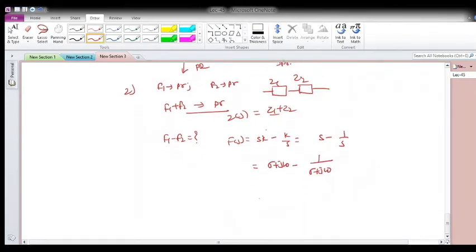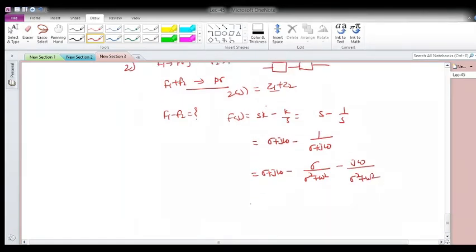Separate the real and imaginary parts: σ + jω minus 1/(σ + jω), so it will be σ/(σ² + ω²) and minus jω/(σ² + ω²). Now combine the real and imaginary parts, so σ minus σ/(σ² + ω²) is the real part of F(s), plus j(ω minus ω/(σ² + ω²)) is the imaginary part.